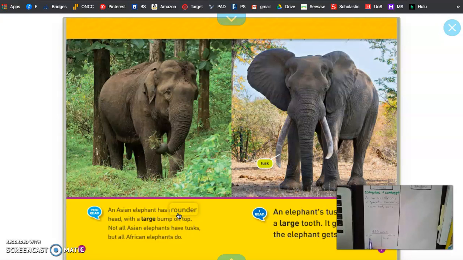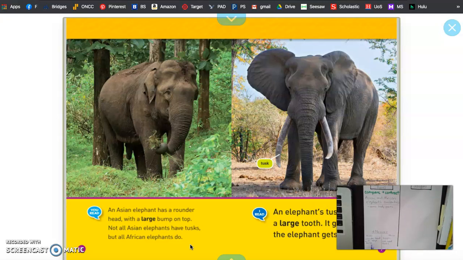So over here for differences, I'm going to put rounder head with large bump. Not all Asian elephants have tusks, but all African elephants do. So that's a difference. Over here for African, I'm going to say all have tusks.